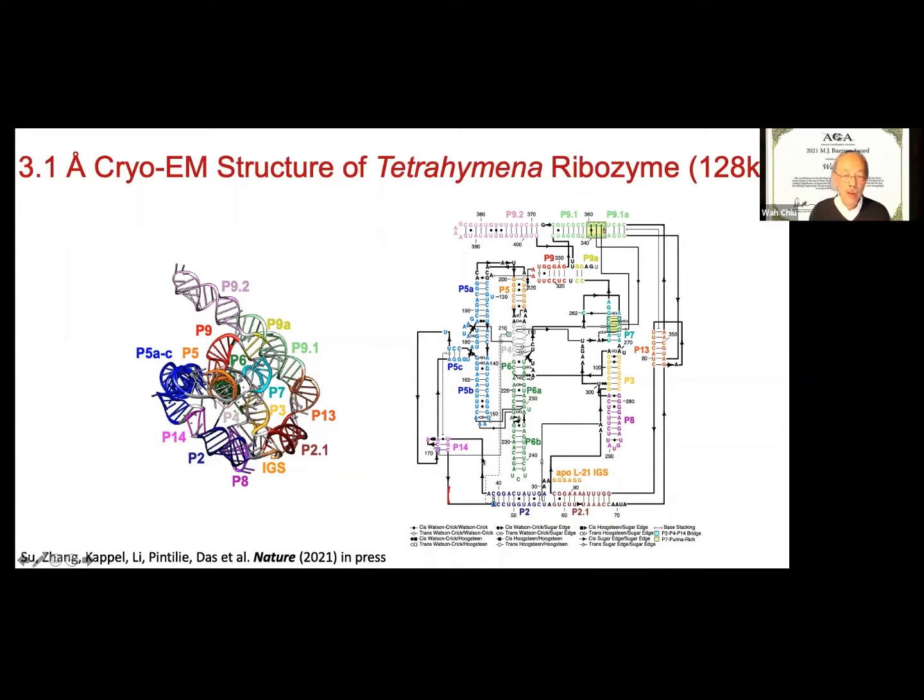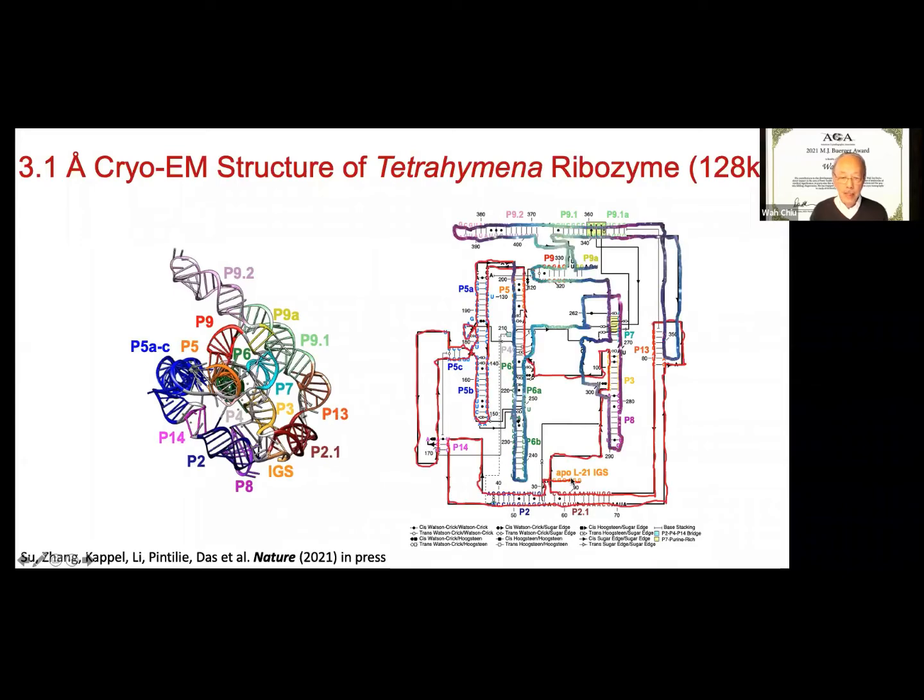And the diagram is the typical secondary structure display of all the hydrogen bonds involved with all these 400 nucleotides. This is the 5' end, this is the 3' end. And then there are a dozen different types of hydrogen bond interactions, which are at the heart of RNA biochemistry.